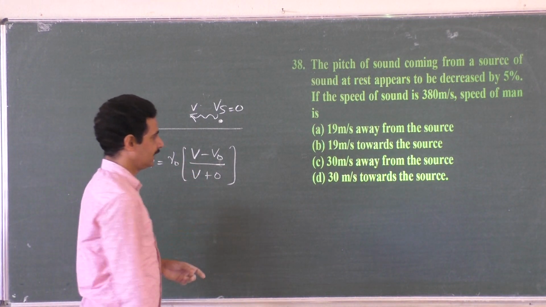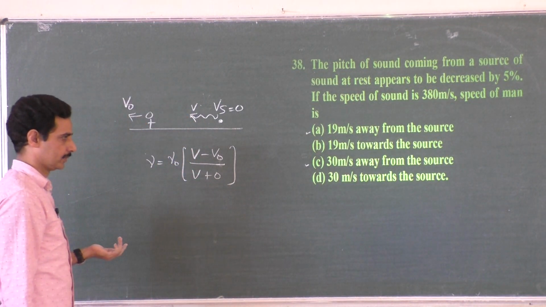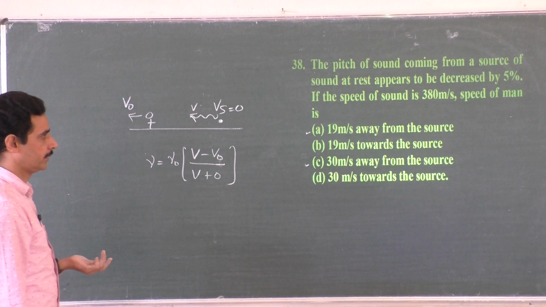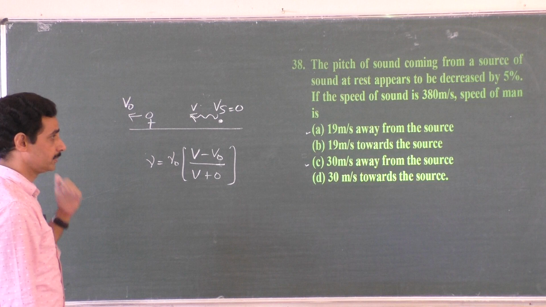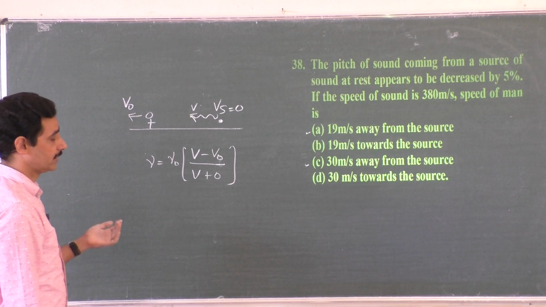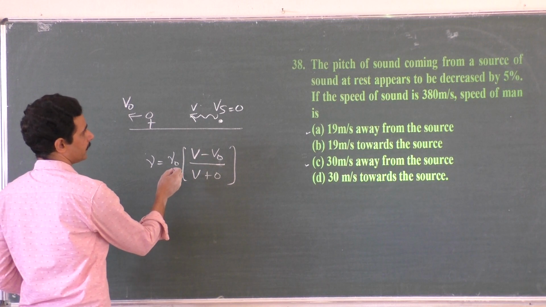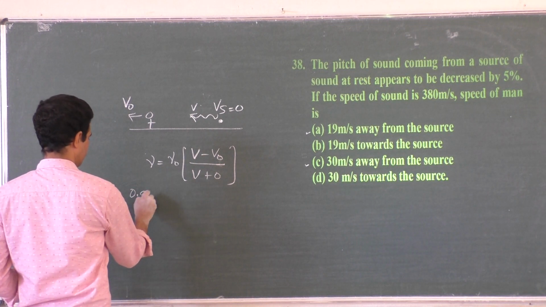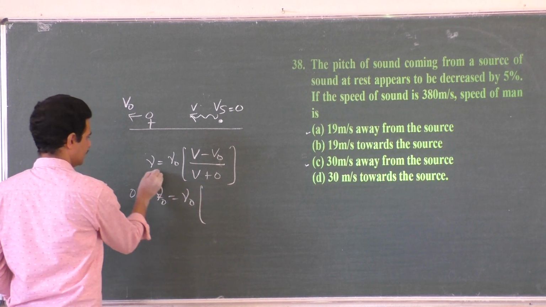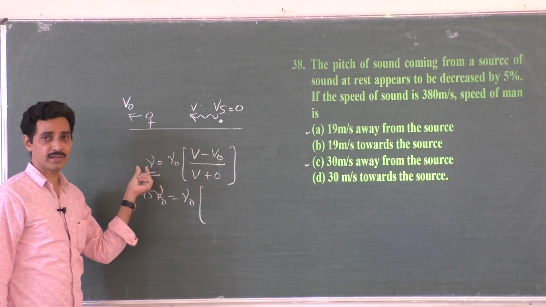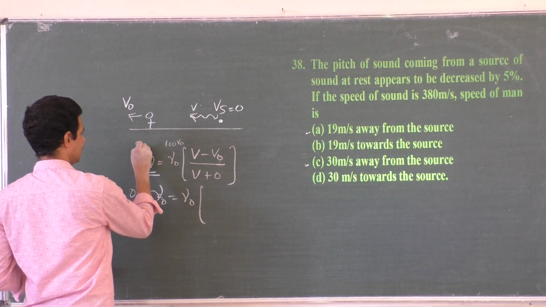Away from the source, we have to select the minus sign, because towards means it should be more than the apparent frequency. The source of sound at rest appears to be decreased by 5%. Speed of sound is 380. Decreased by 5% means this is 0.95. This has to be taken as 95% of nu naught, or take this as 100 nu naught and this as 95 nu naught.